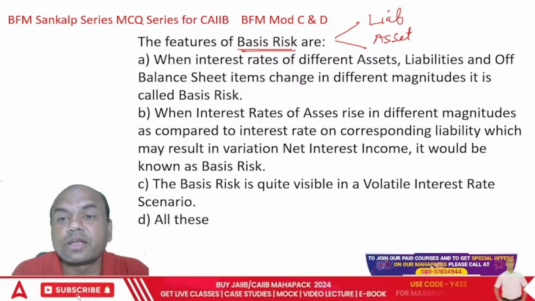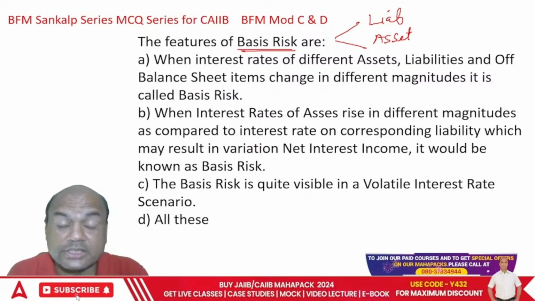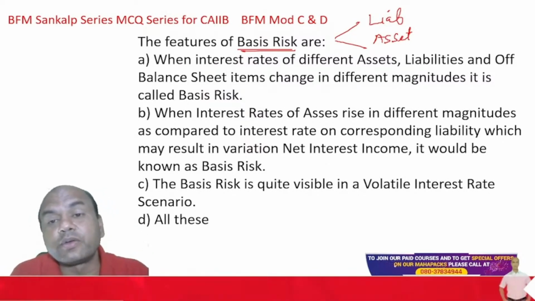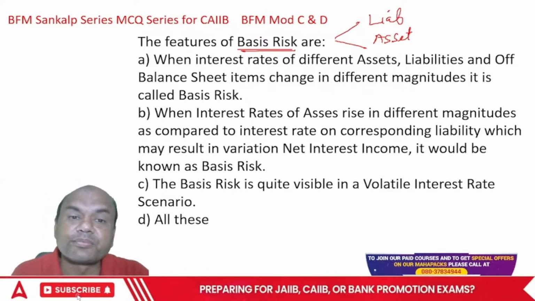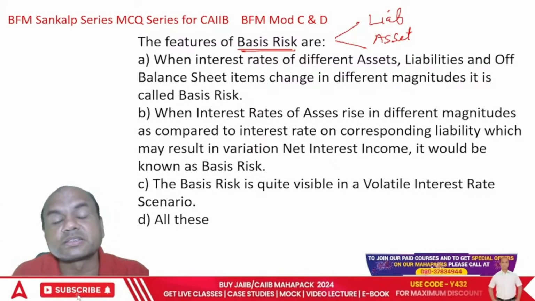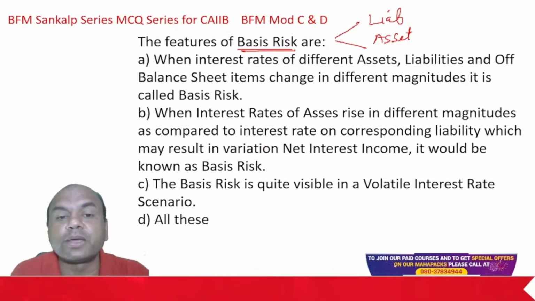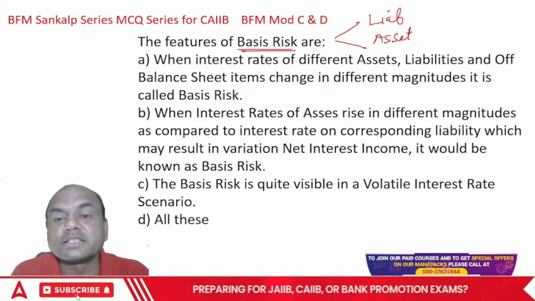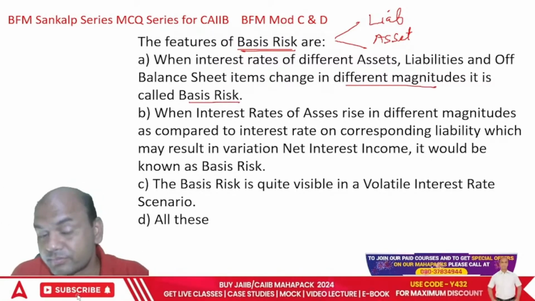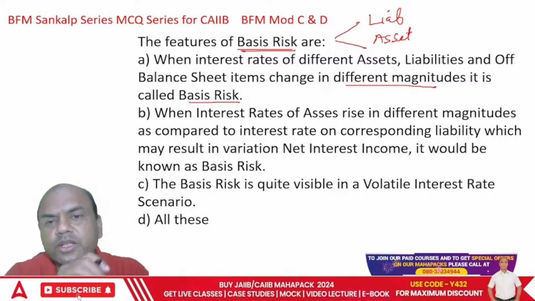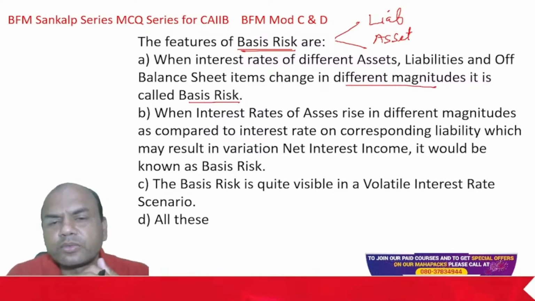For example, the rate of interest of deposits changes by 2% and the rate of interest of loans changes by only 1%. That is known as basis risk. When the interest rates of different assets, liabilities and off-balance sheet items change in different magnitudes, it is called basis risk. Now you tell me, is A true? Is A the correct answer?